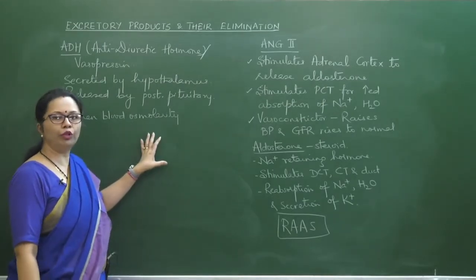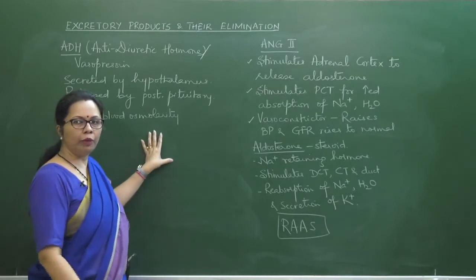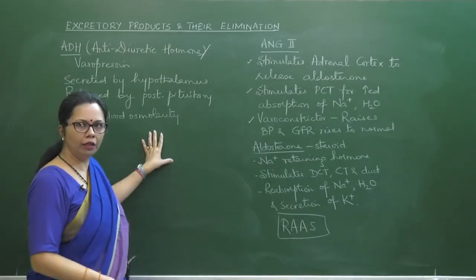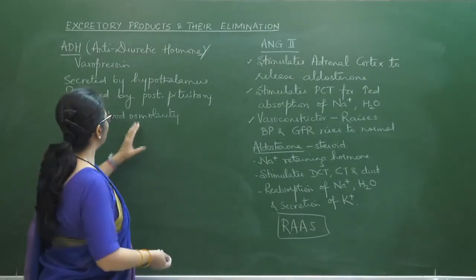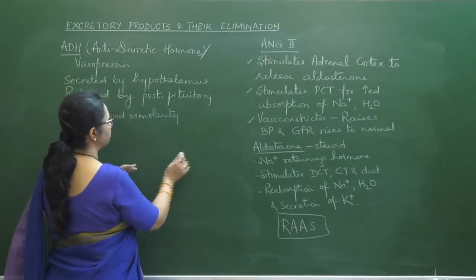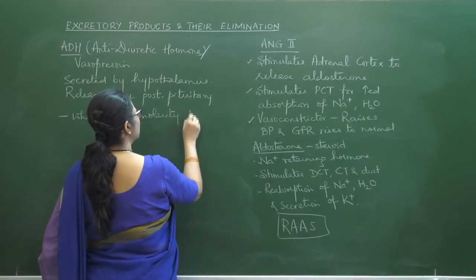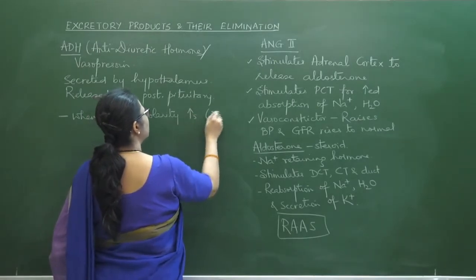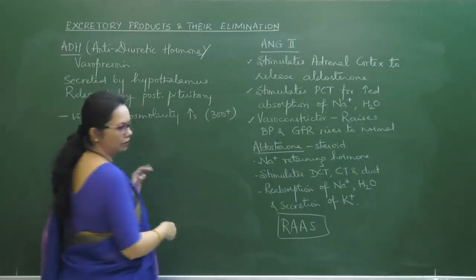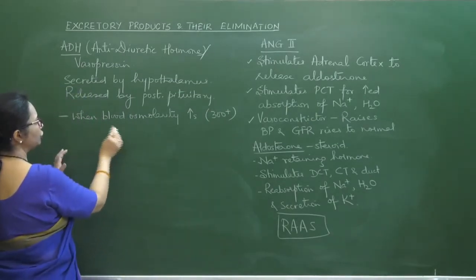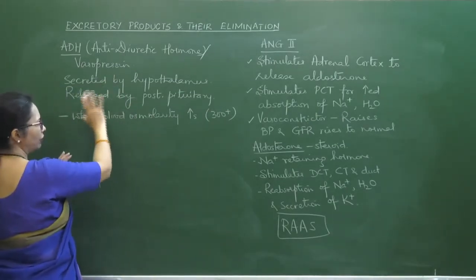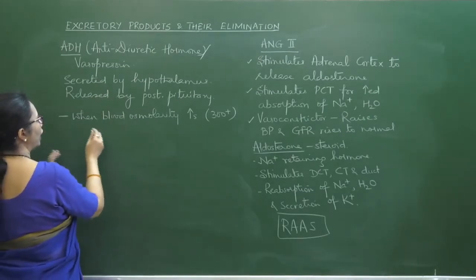You see what will happen to the blood osmolarity? The blood osmolarity will be more than 300, right? So when blood osmolarity is 300 plus, this is sensed by the hypothalamus. So ADH is released.